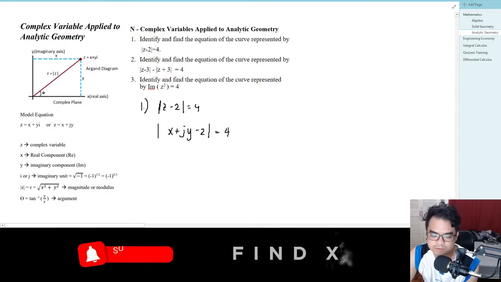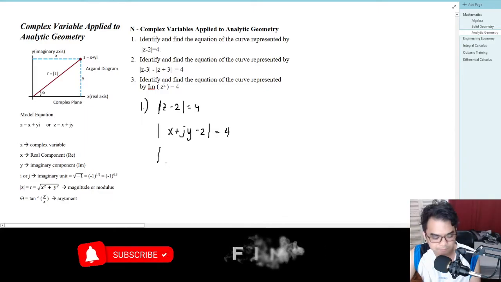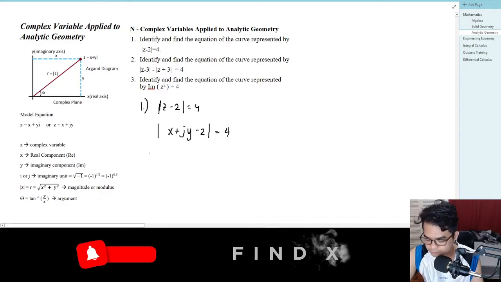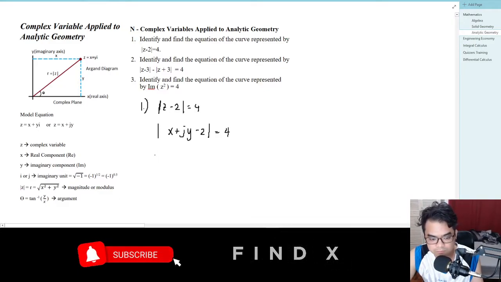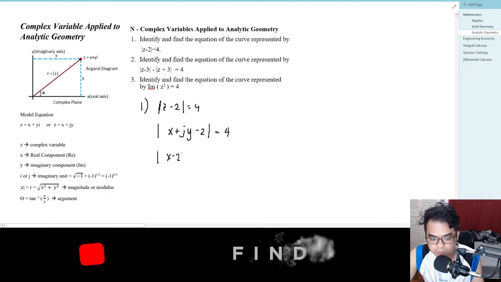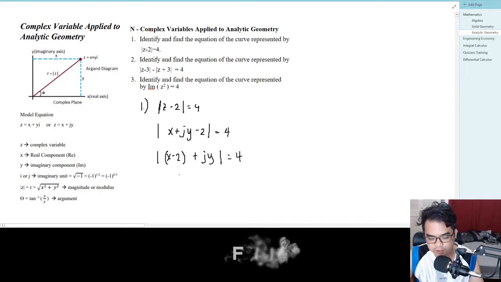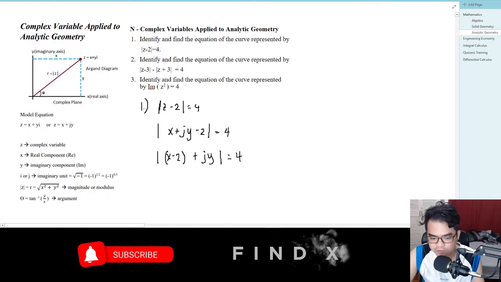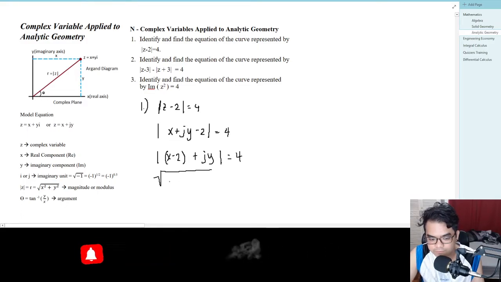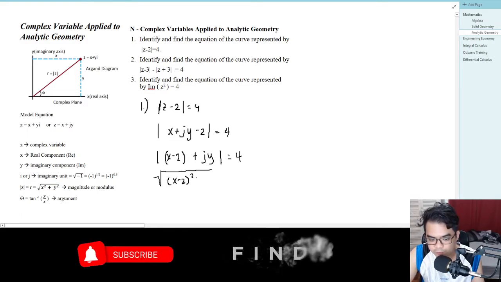Okay, and then grouping all the terms that don't have j and the ones with j, you'll have (x - 2) plus jy equal to 4. If you want to get the magnitude of this one, all you have to do is take the Pythagorean of that. So you'll have the square root of (x - 2) squared plus y squared equal to 4.